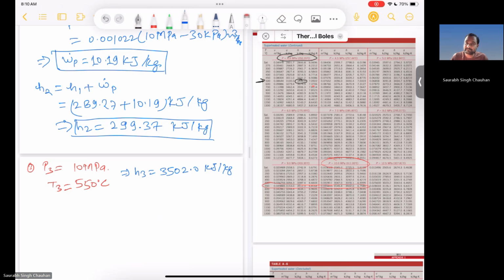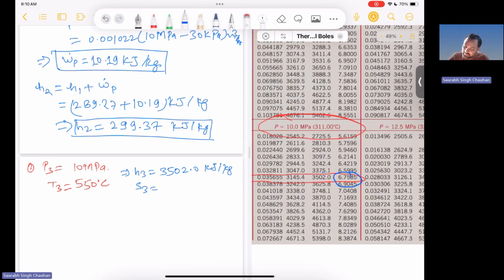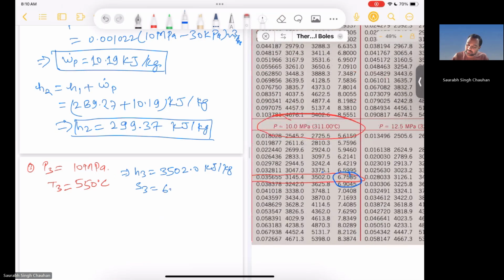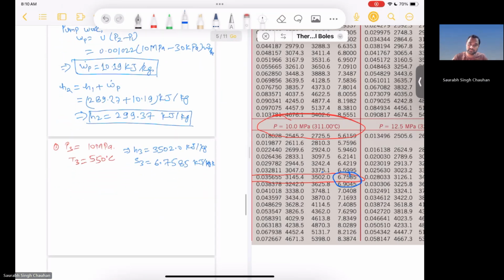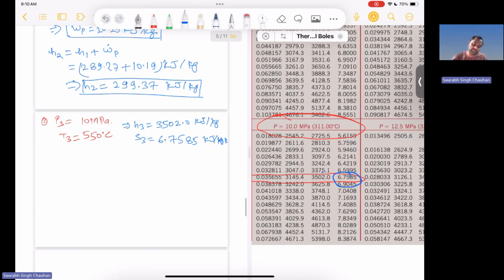And S, entropy, we have 6.7585 kilojoule per kg Kelvin. Okay, so now we have values at point 3 and we need values at point 4.